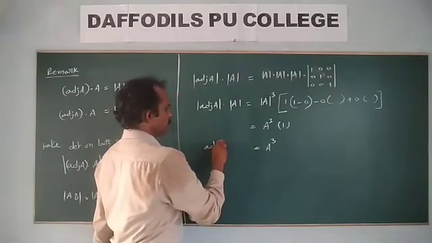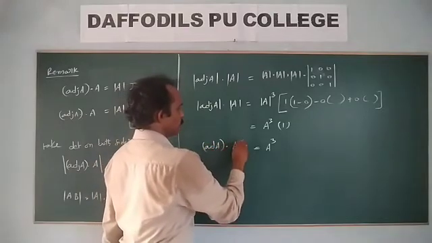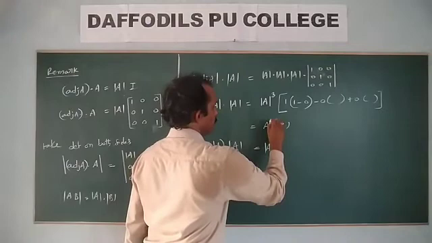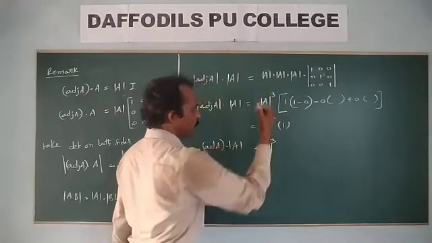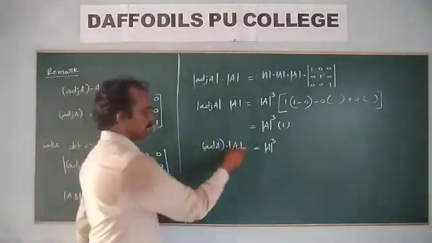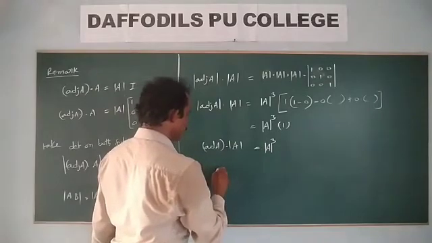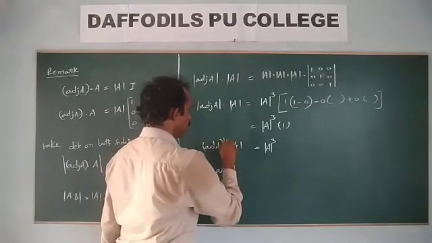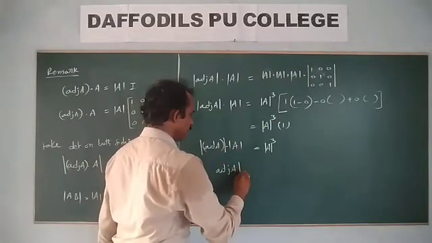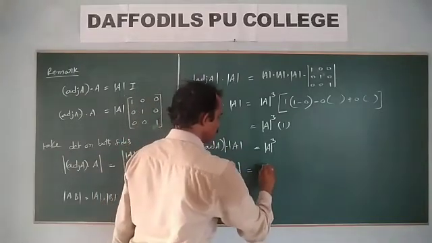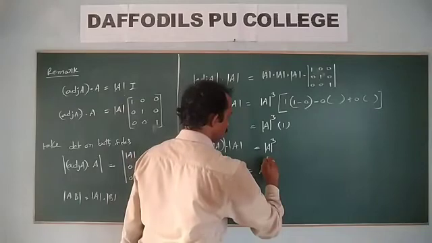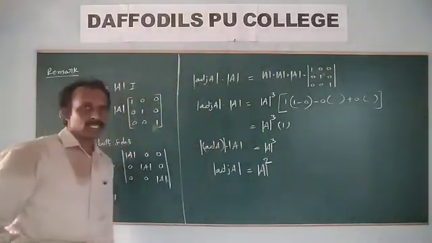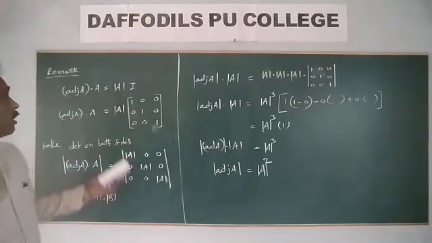Finally, determinant of adjoint A into det A is equal to det A cube. Take this side, that is cancelled. Determinant of adjoint A is equal to det A square after cancellation.